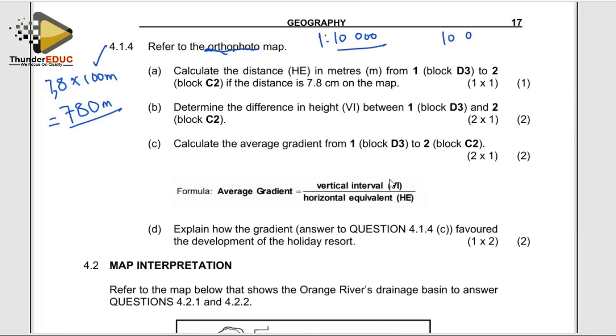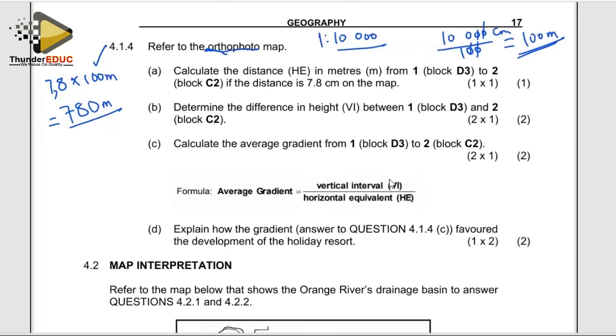We are converting 10,000 centimeters into meters. We divide it by the number of centimeters in a meter, which is 100. So if we divide this, we remain with 100 meters. So if you want to convert a distance from the orthophoto map to meters, you simply multiply by 100 meters. So that gives us 780 meters.